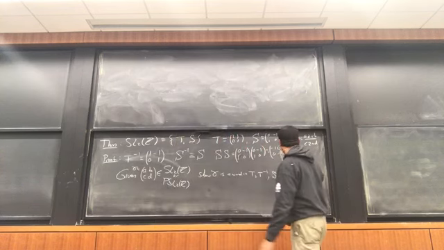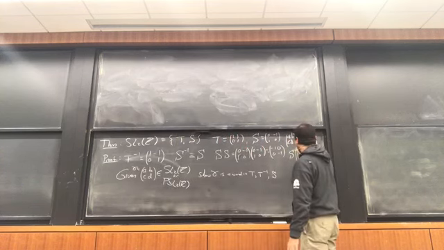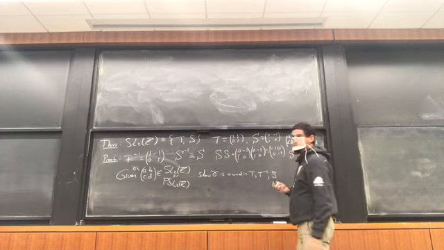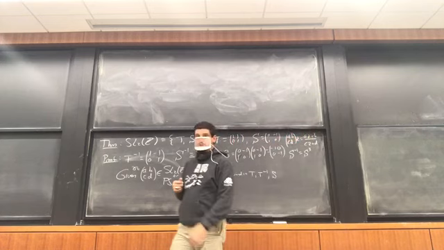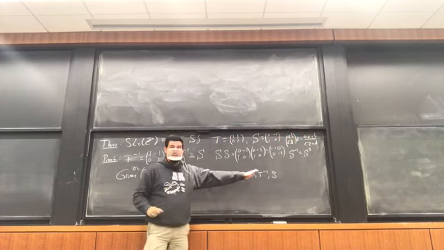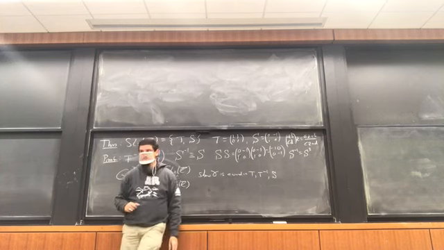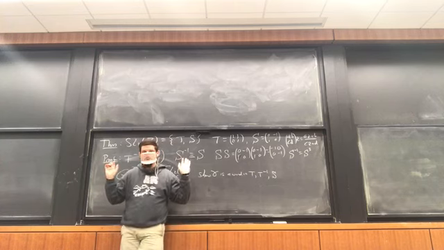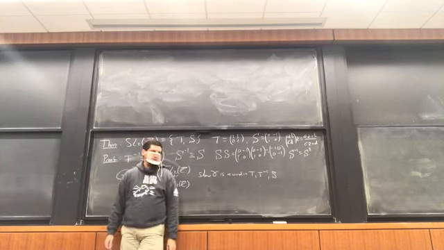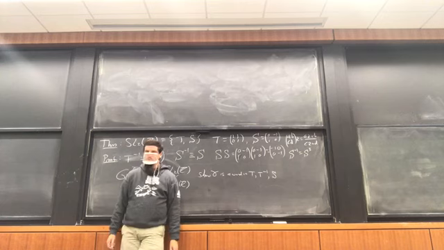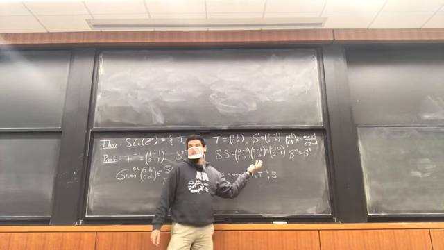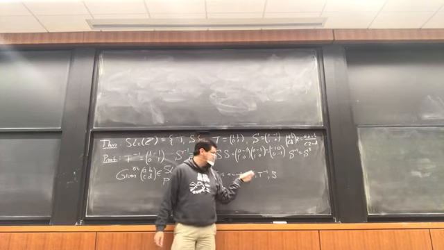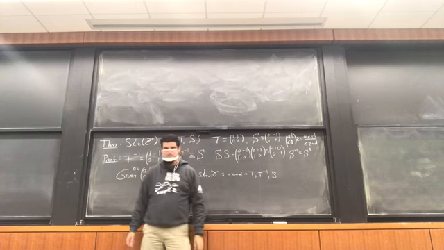So I could say S inverse is S cubed. And so if we do that, we see we never need to use any S inverses in our words. And then we don't have to worry about whether we are modding out by plus or minus 1. S cubed is S inverse. Great. So we only need T, T inverse, and S's.